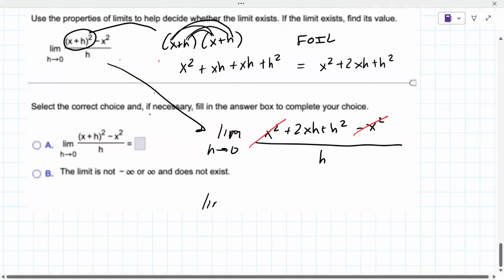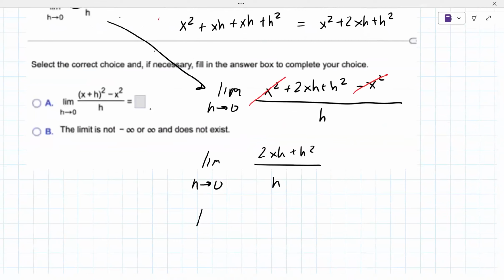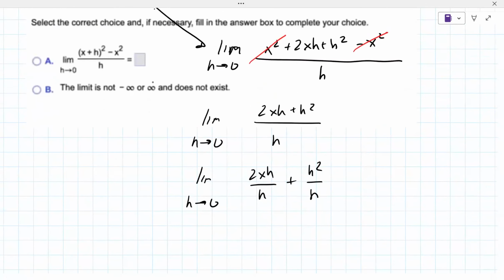So this becomes the limit as h goes to 0 of 2xh plus h squared all over h, but you divide both of them by h. And so the h's cancel, and you get 2x plus h.